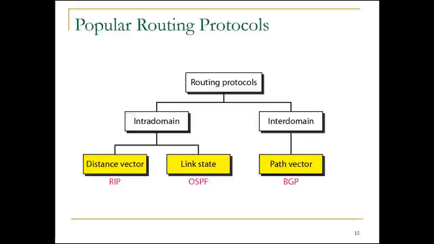On the other hand, when it comes to the link state, that's where OSPF plays a key role, and that's where we need to know the entire topology, which determines how to move packets much more efficiently.